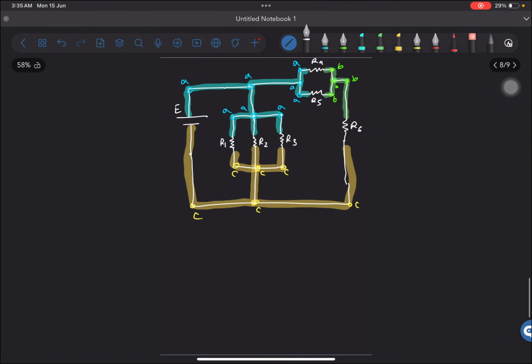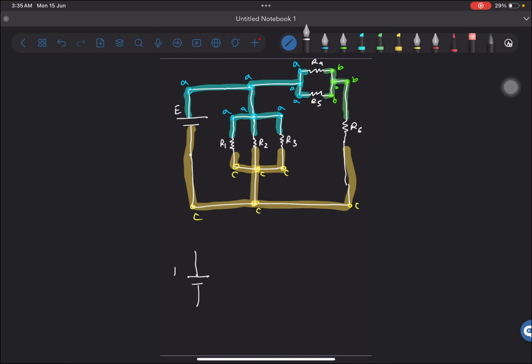Once you figured out everything, if this is E, how many of these originate from A? 1, 2, 3, 4, 5.